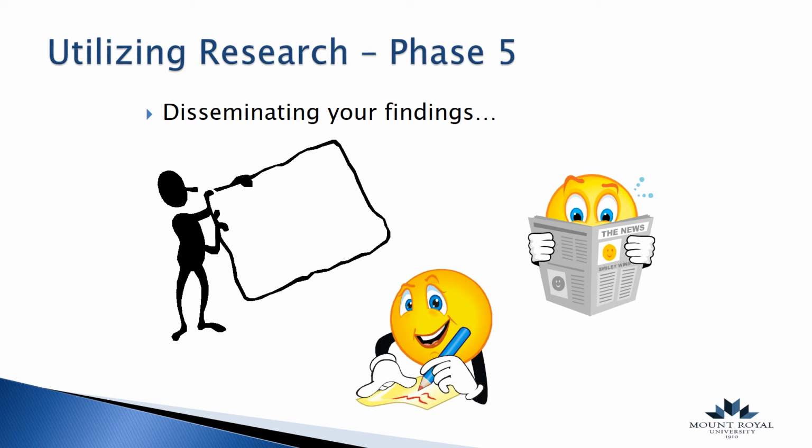Usually the researcher should provide some sort of a summary to the participants. Sometimes our research has implications for the public, and we need to share it with those particular populations so they can be able to take action.